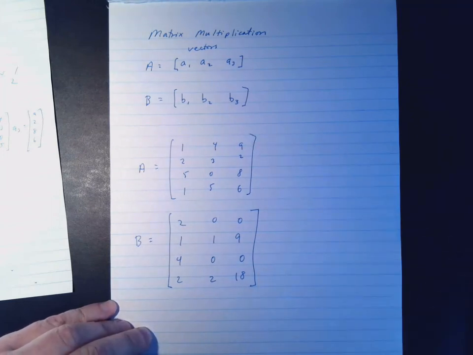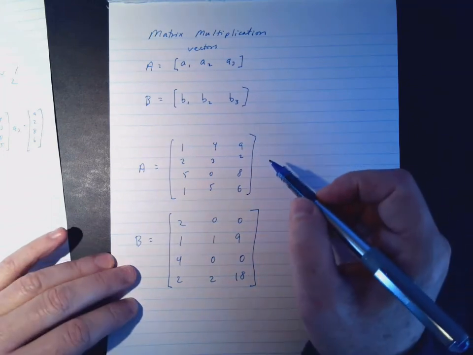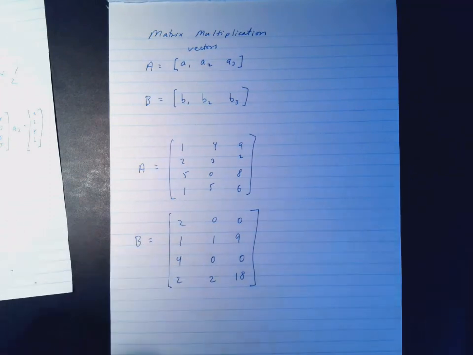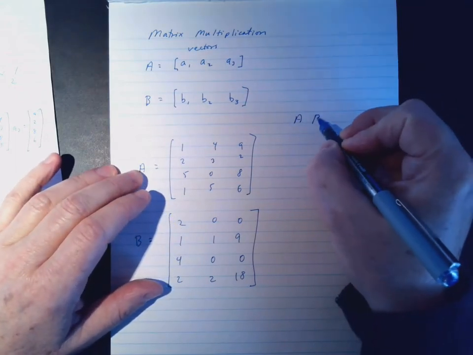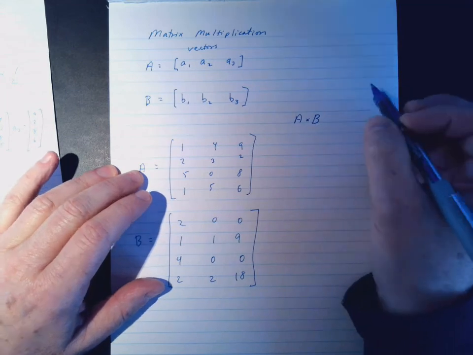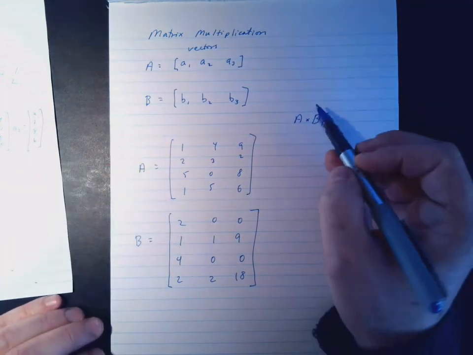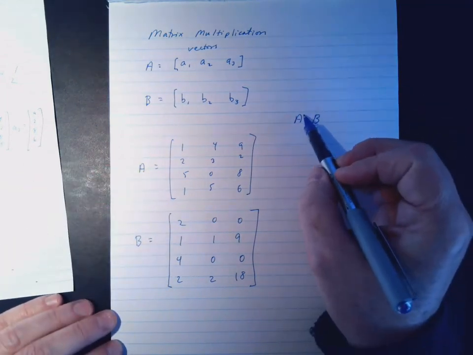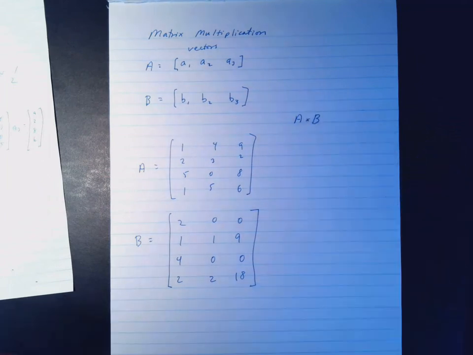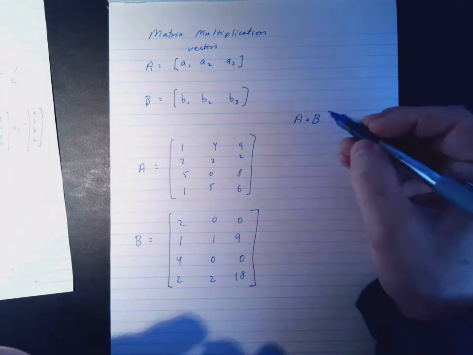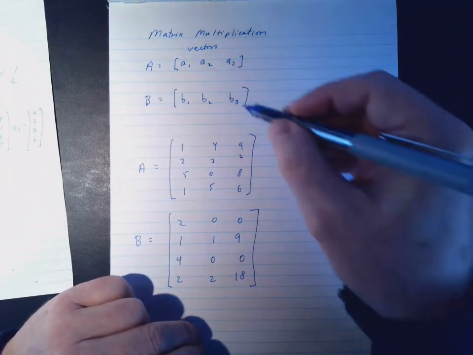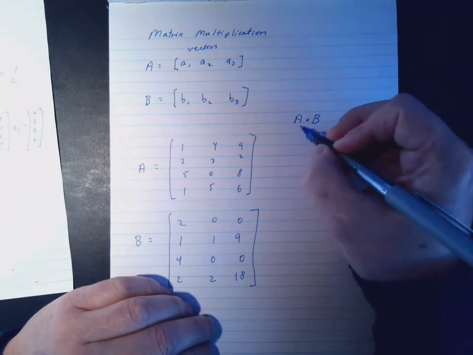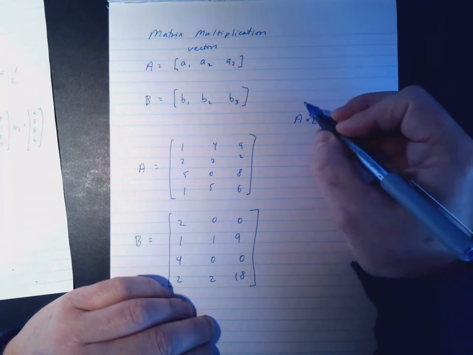And it is customary, for an expression like A times B, to take the vectors out of A in rows, and the vectors out of B in columns. Remember, we always think of dimensions of a matrix as rows and columns. And it's the same thing here.